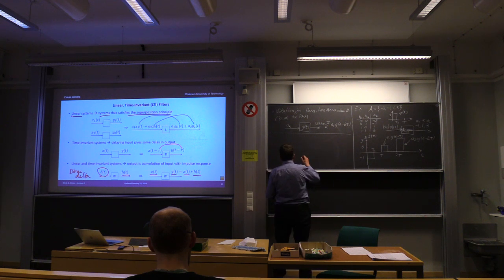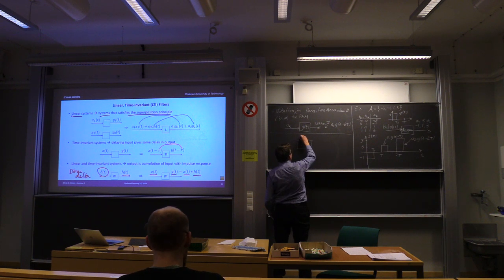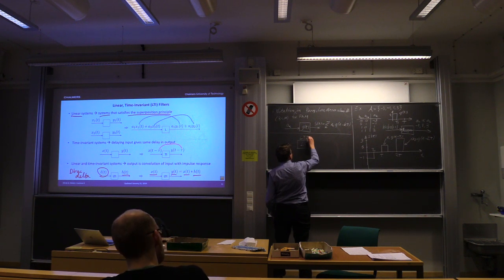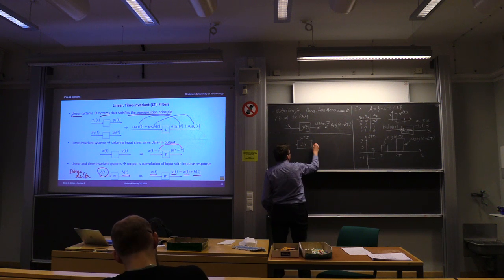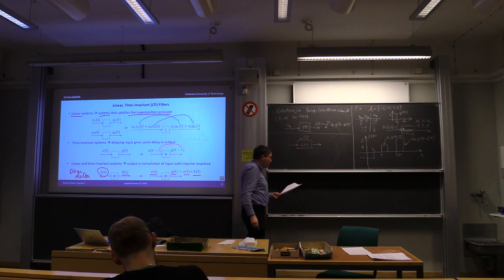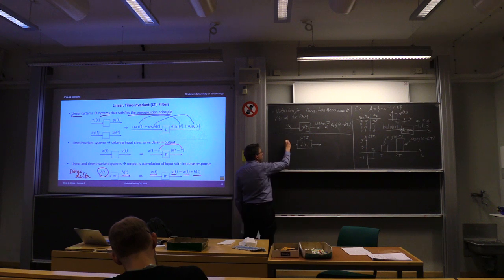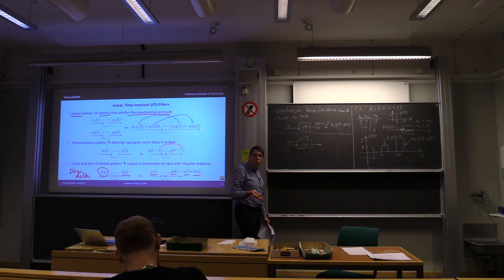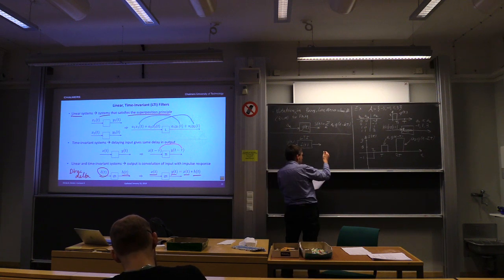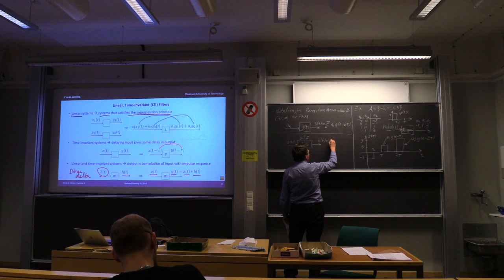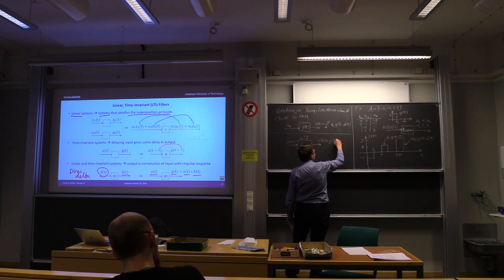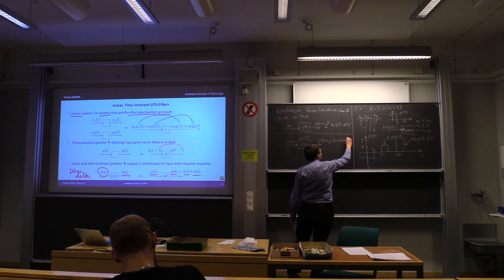So if we have a linear time invariant filter with impulse response f(t), and we have input and output like this, if the input to this is g(t), the pulse that we are using, then the output is h(t), which is g(t) convolved with f(t).